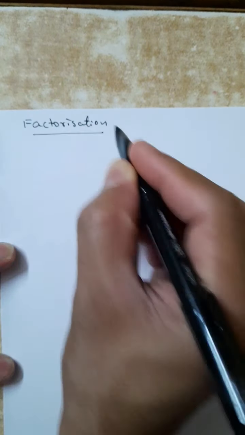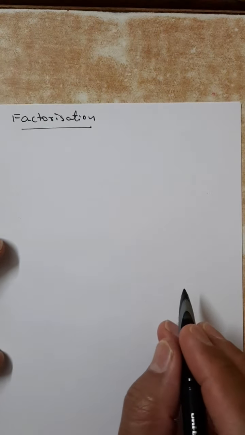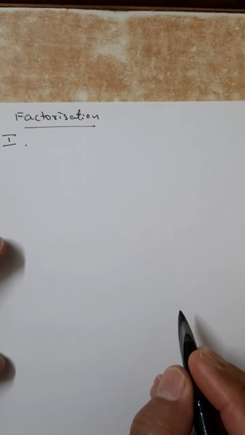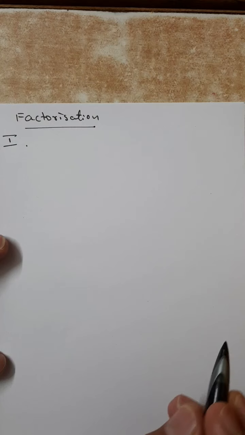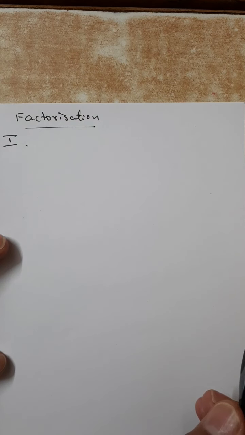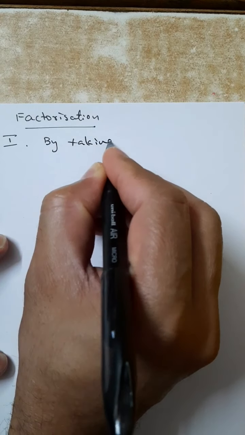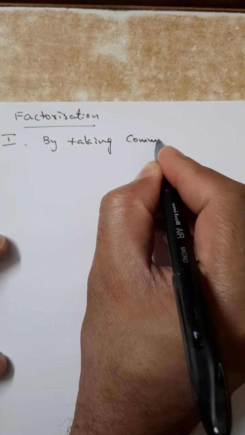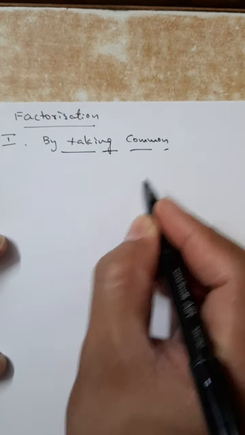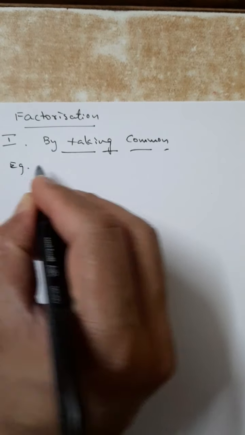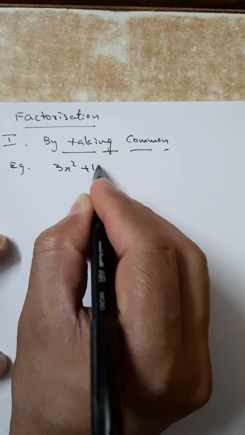If it is factorization of a polynomial, an algebraic expression, the first procedure, the first type of question, is by taking common. By taking common, that is the first thing. Example, 3x square plus 15x.